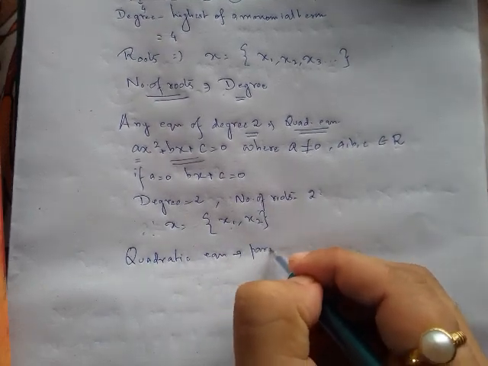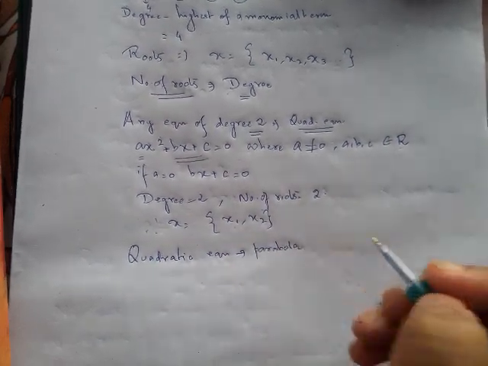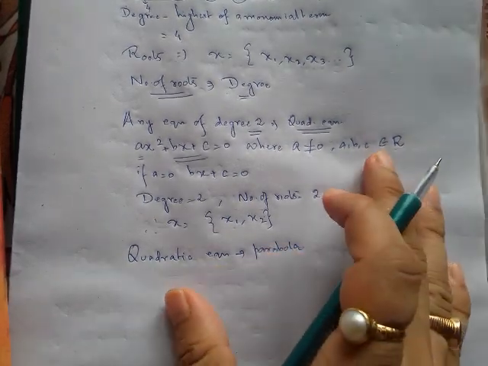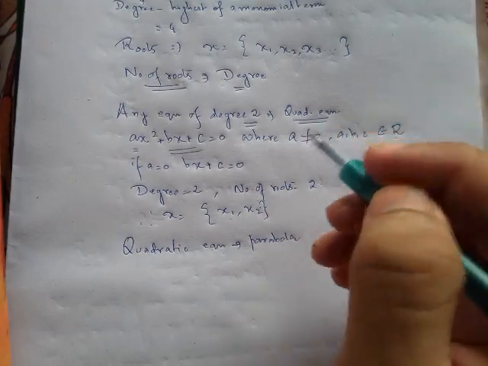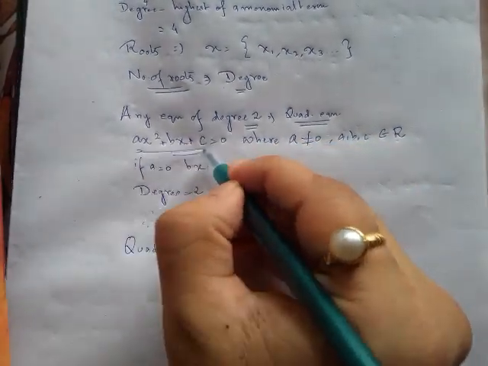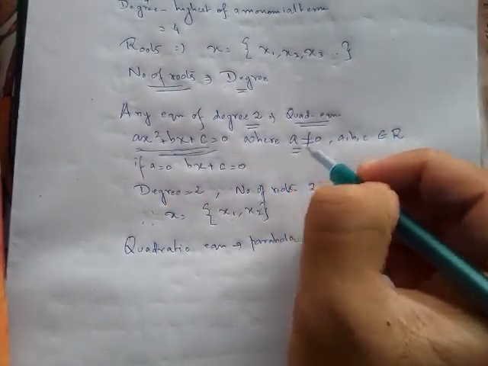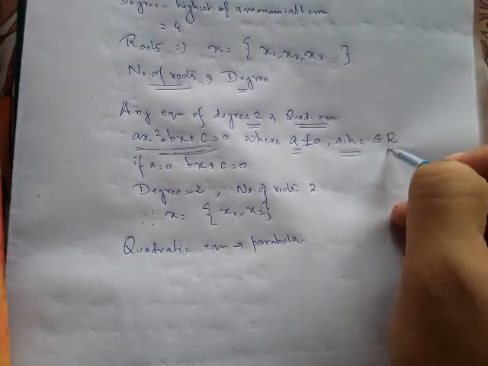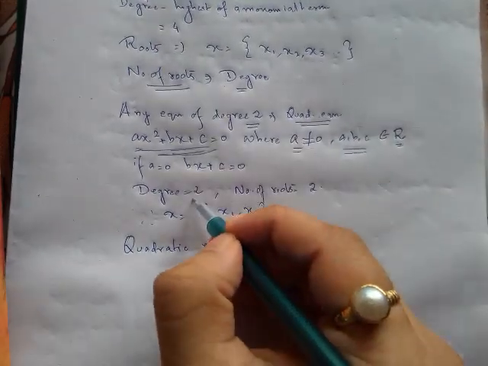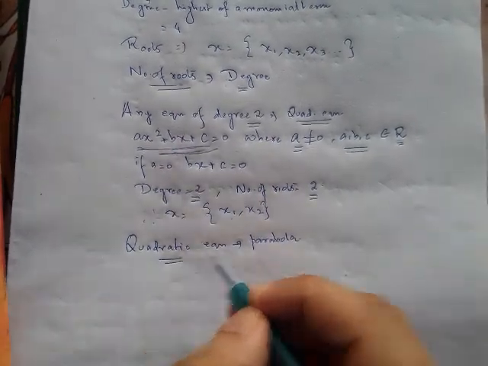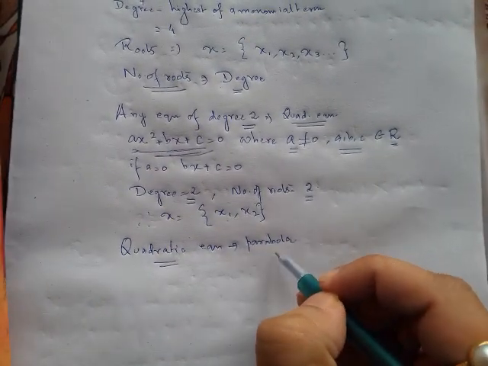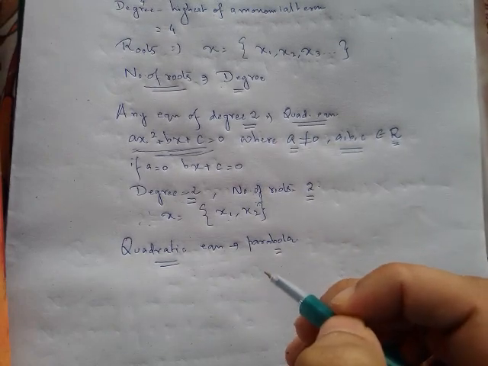So this was the basic definition of quadratic equation. Things to note over here are the general form, a should not be equal to 0, a, b, c should belong to real numbers, degree is 2 and number of roots is 2. And just for general knowledge, quadratic equation represents a parabola.